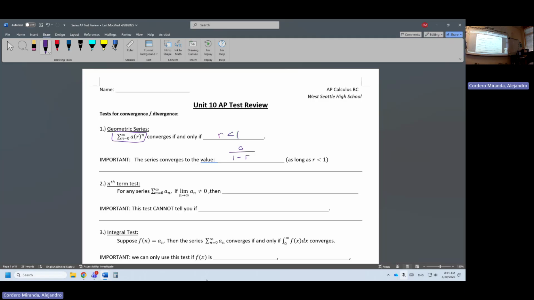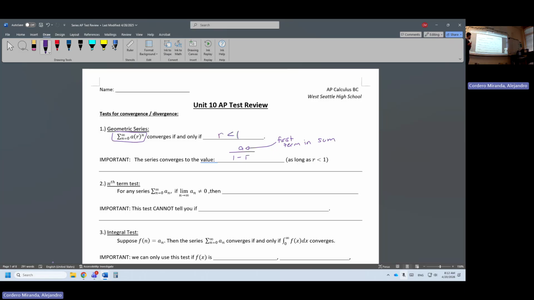Thanks. Good job. But again, if this sum started at 3, then you'd plug in the 3, and that's what would go up here. So this, I told you before, is just the first term in whatever sum you were given. It's not always just whatever number is here, because if it starts at a weird spot, then it won't be this A.